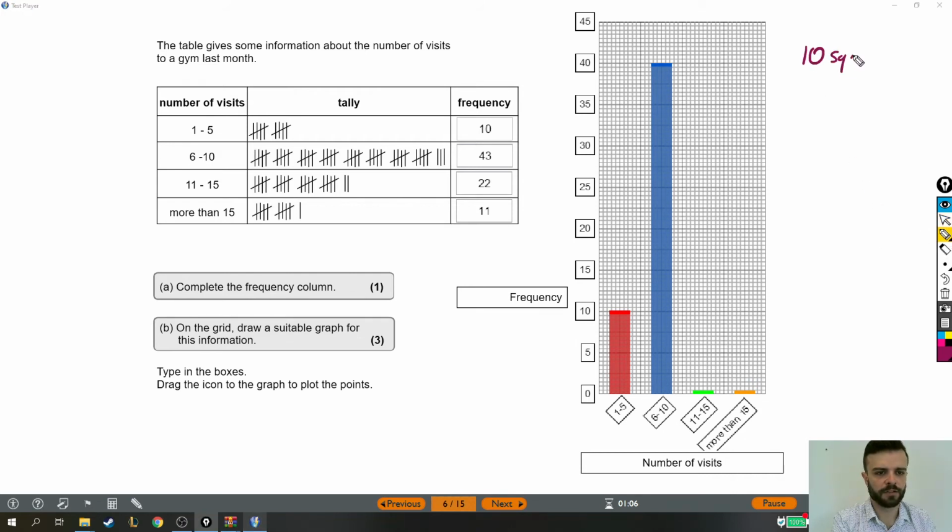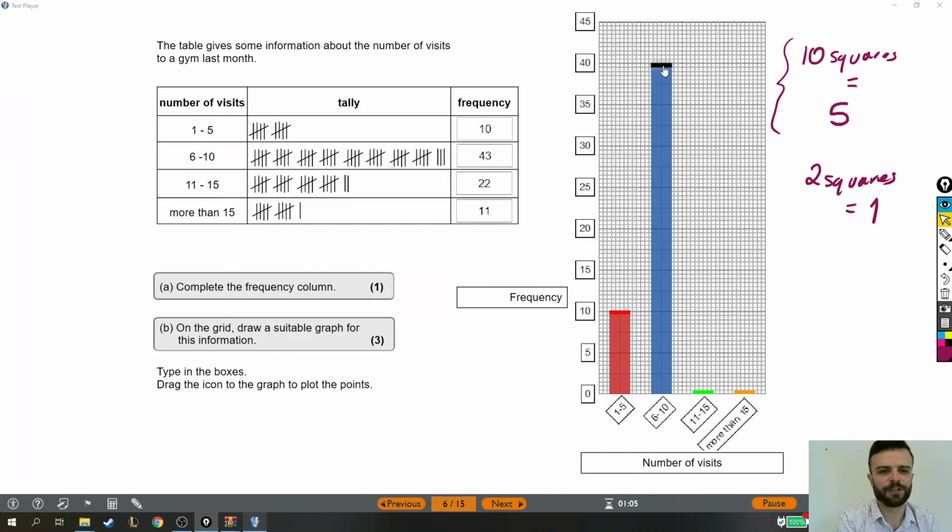So if 10 squares equals 5 visits to the gym or 5 days where there were that many visits to the gym, then 2 squares equals 1 visit. It's a bit like we've divided this whole thing by 5 to find out what 1 in the frequency is represented by, and the answer is 2 squares.